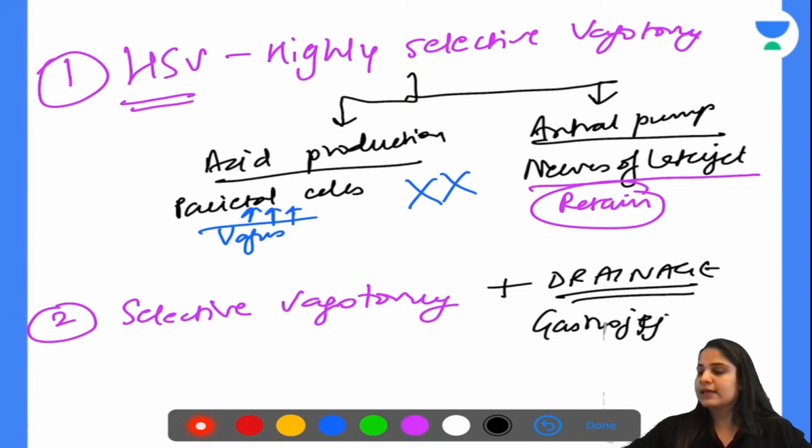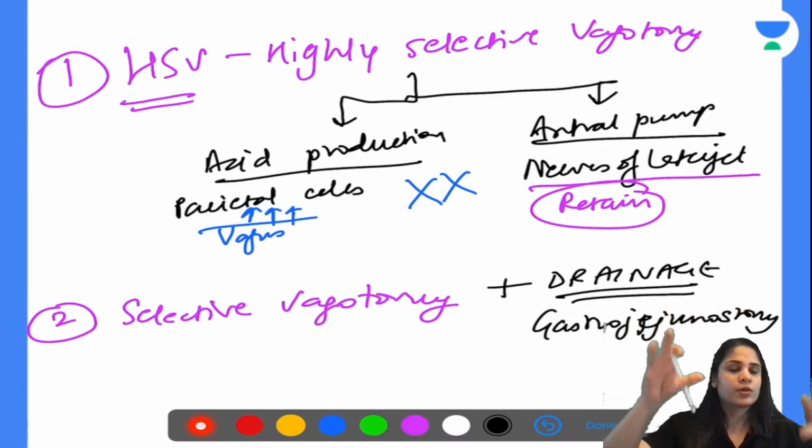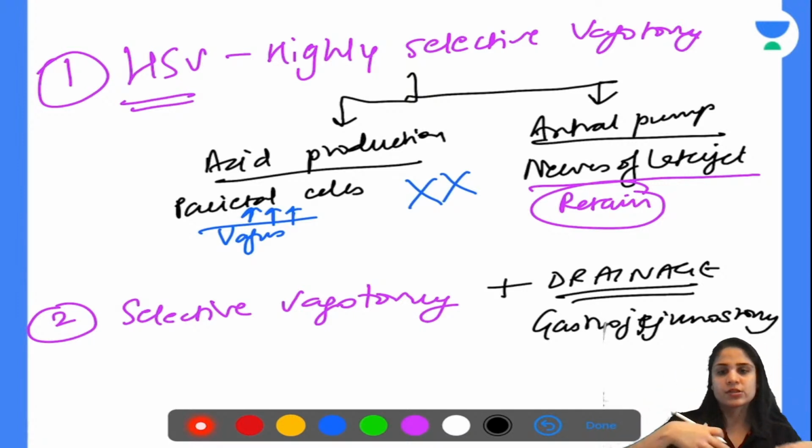I directly connect the stomach to the jejunum. So the food directly from the stomach will go into the jejunum. It does not have to be propulsed forward from the stomach into the duodenum and then the jejunum. Directly it will go from stomach to the jejunum. So that is what I do in case of selective vagotomy, or truncal vagotomy.